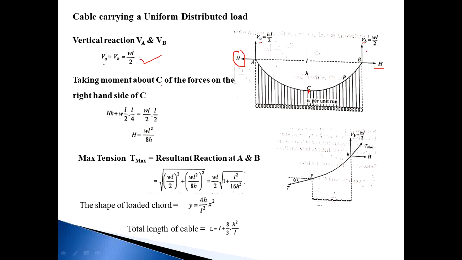For VB it is anti-clockwise, and for the UDL also clockwise. So clockwise moment is plotted on one side and anti-clockwise moment on the other side.